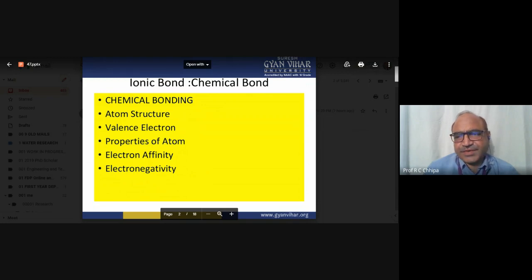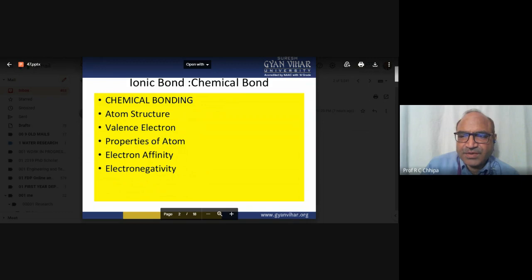Now the properties we have discussed: electronegativity, electron affinity, and the ionization potential. Ionization potential concerns how many electrons are removed, and the example is sodium, which is in the group of alkali metals.